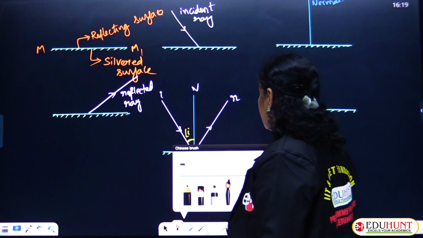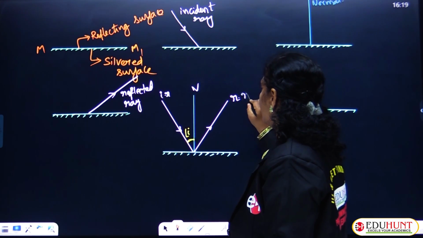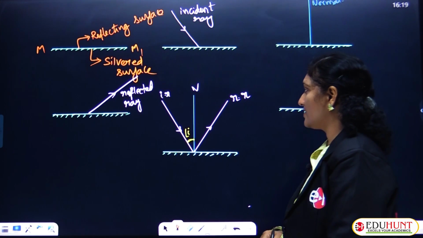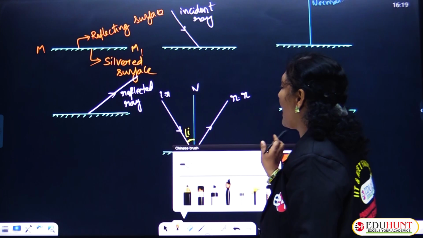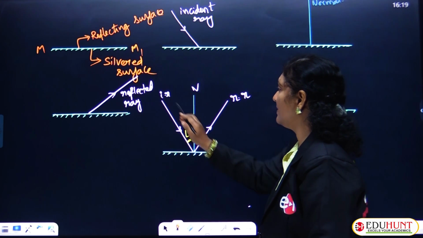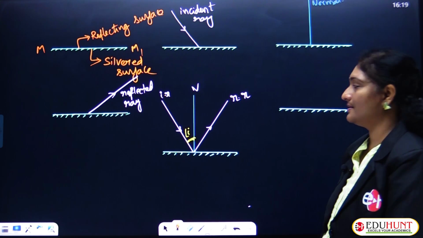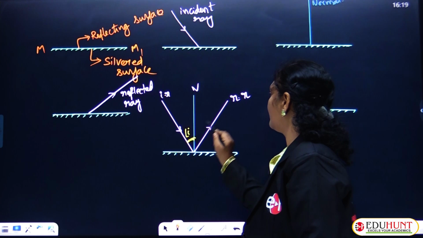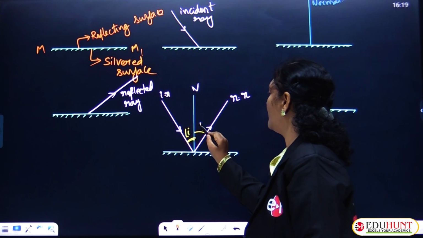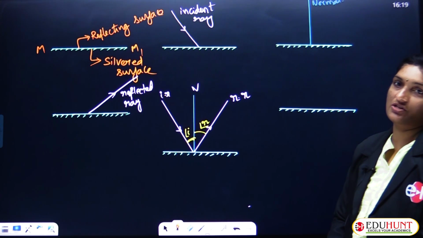This ray is the incident ray and this ray is the reflected ray, but this angle itself is the angle of incidence. Similarly, the angle between the reflected ray and the normal is called the angle of reflection.